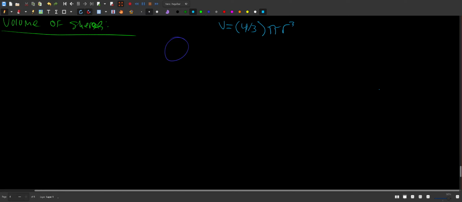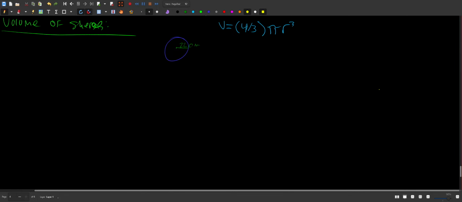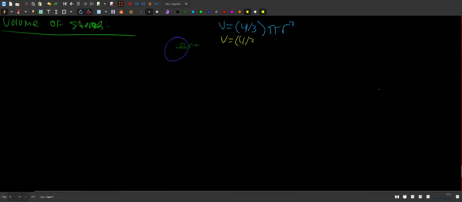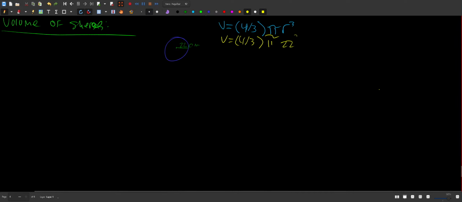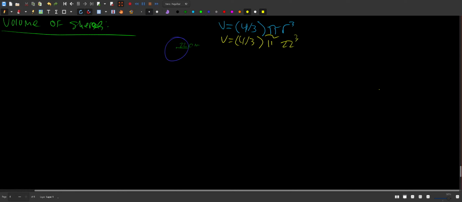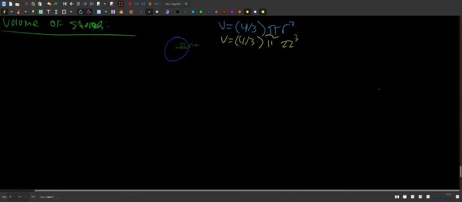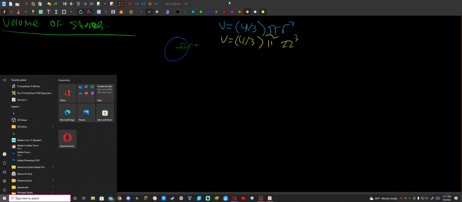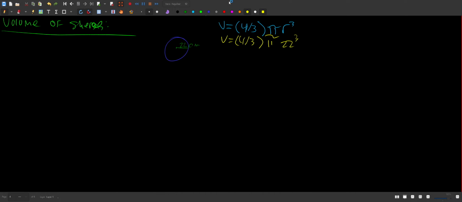So let's say our radius is 22 centimeters. All right. So volume equals 4 divided by 3 pi 22 cubed. All of these are just plug and chug, as my teachers call it.